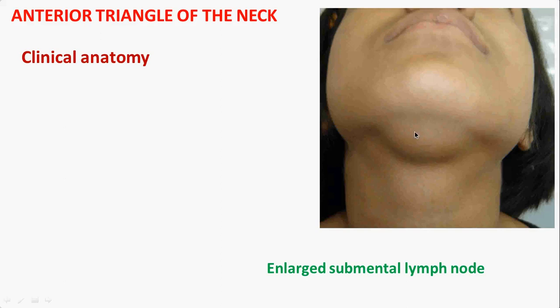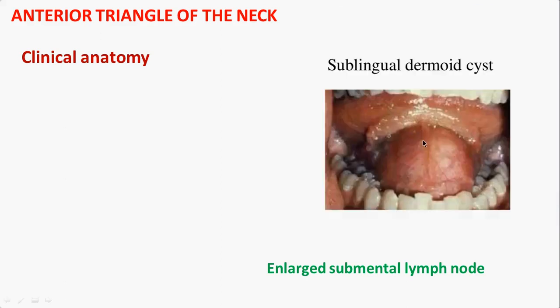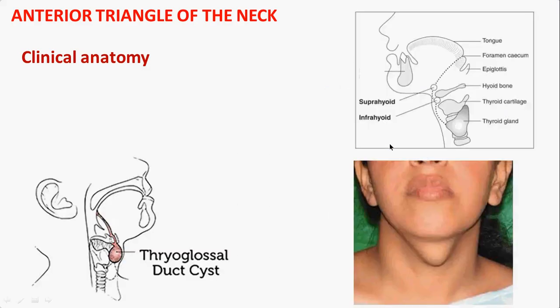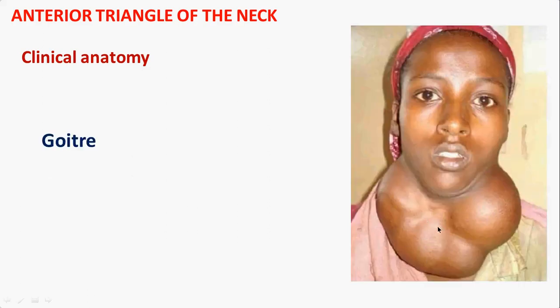One is the enlarged submental group of lymph nodes. This is a sublingual dermoid cyst. Enlarged submental lymph node is there. A thyroglossal duct cyst can also occur. Here you can see in this figure. A goiter can also occur.